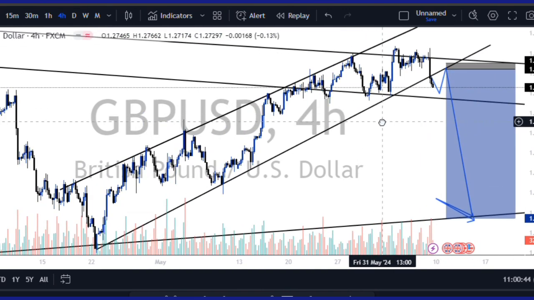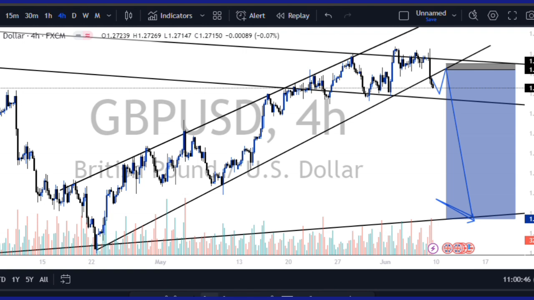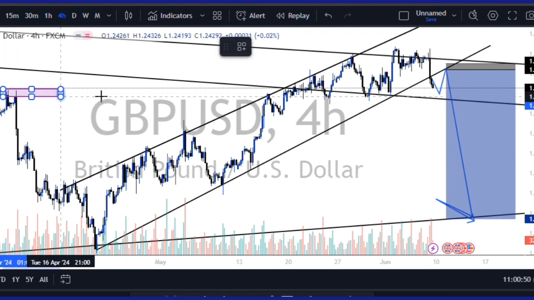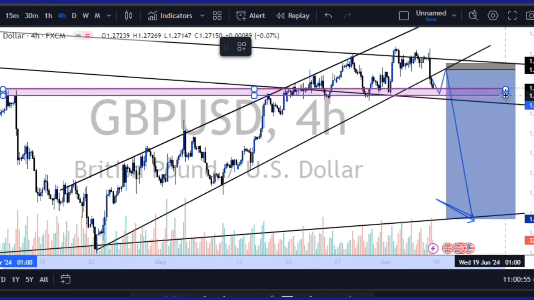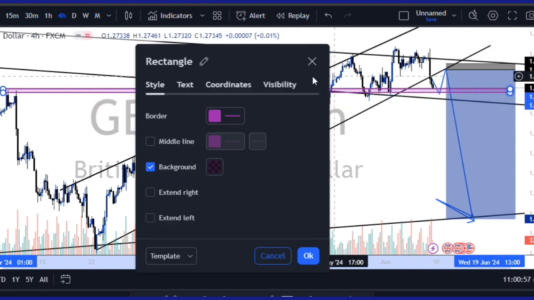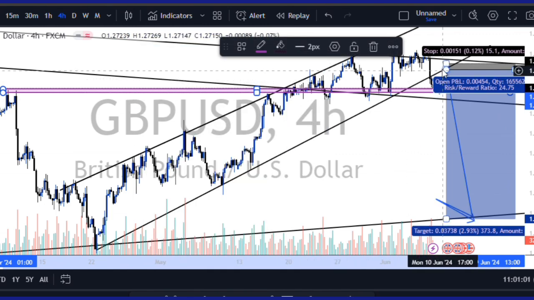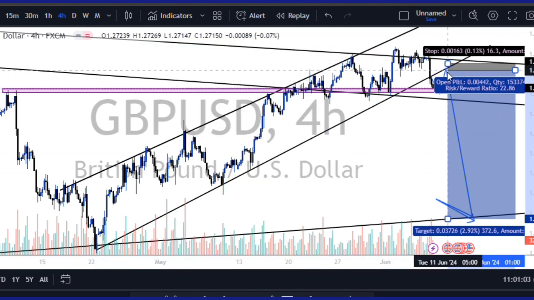And of course, on GBPUSD, we also have this zone here, that we are waiting for our market to come and retest and continue with the sell move.